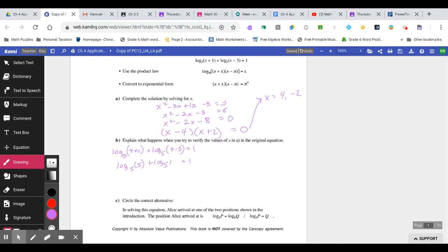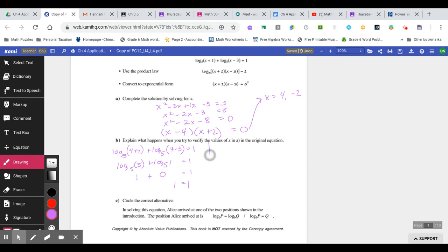Log base 5 of 5 is 1, and log base 5 of 1 is 0. And so we get 1 equals 1. That's all fine and dandy.